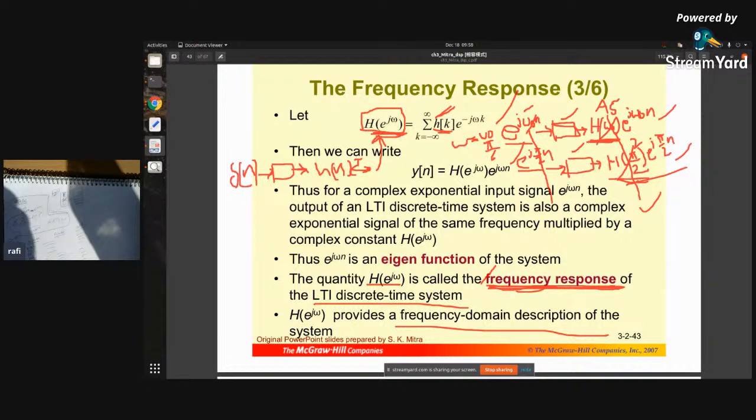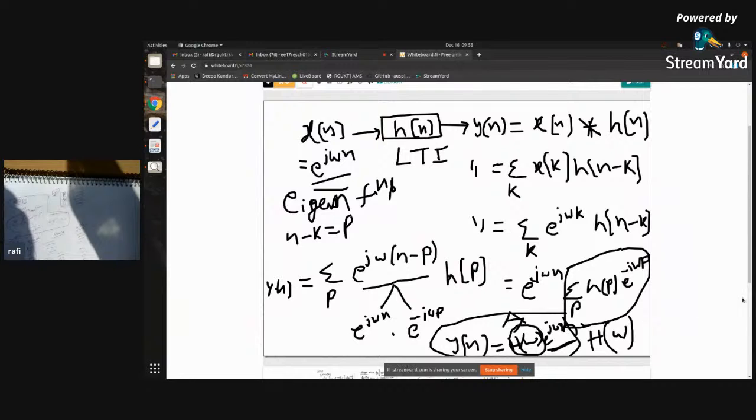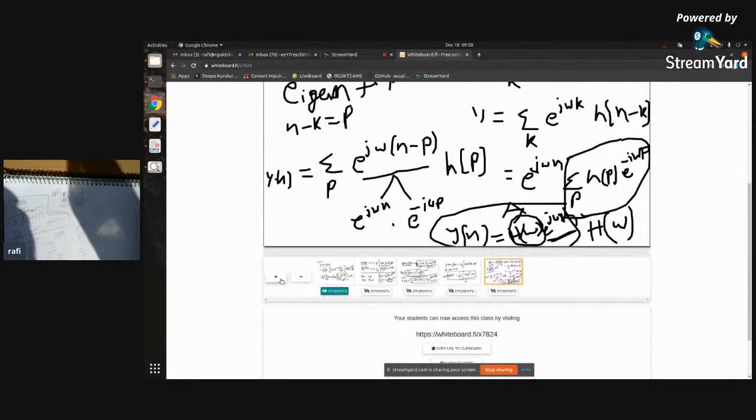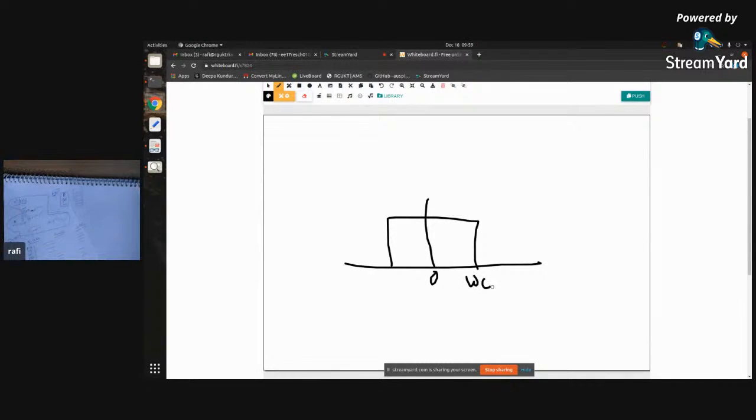More clearly, if someone plots, let us say, I will take the low pass filter only. This is omega c and this is pi. Forget about the negative frequencies as of now.